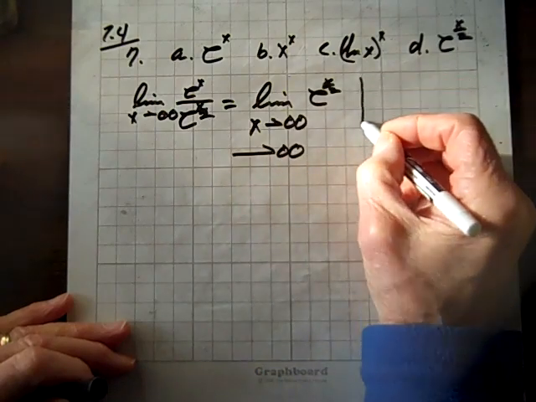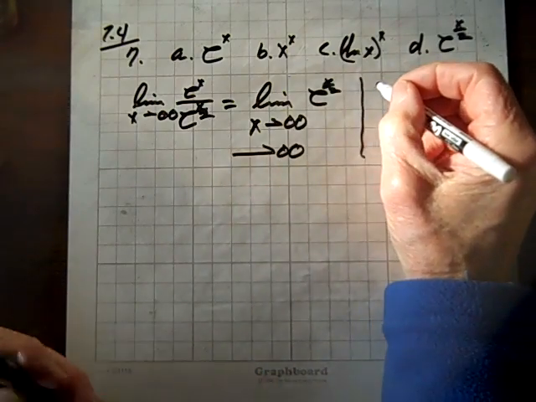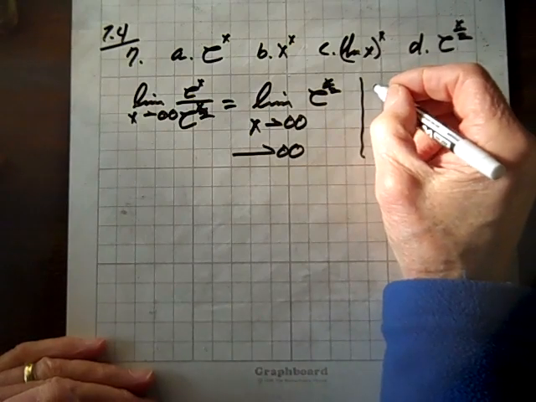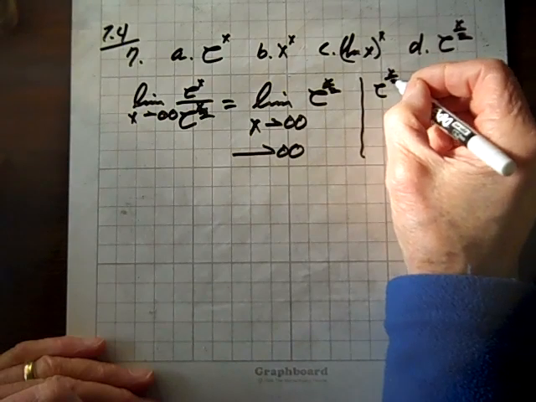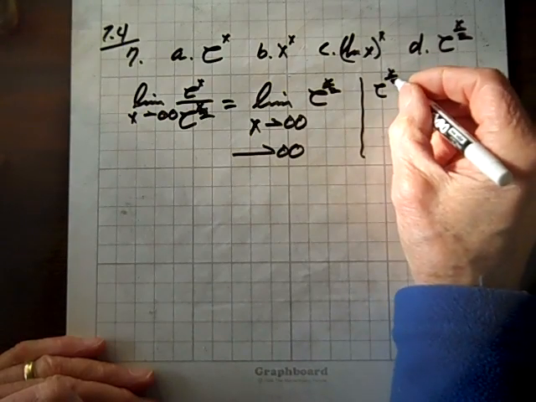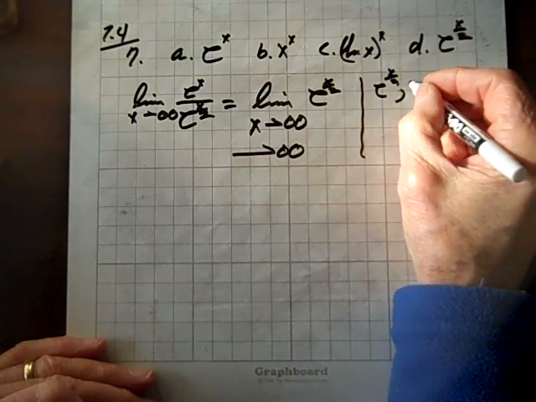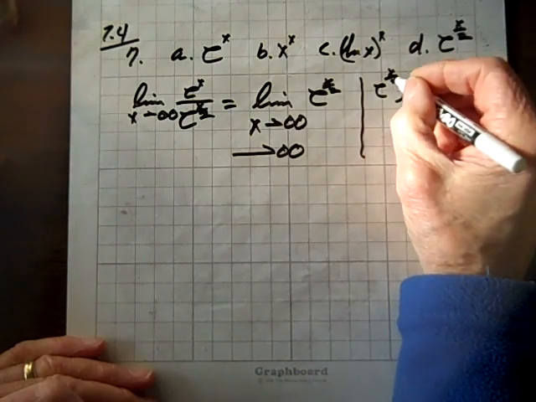So that tells us that in order from least to greatest of these two, e to the x over 2 grows slower than e to the x.